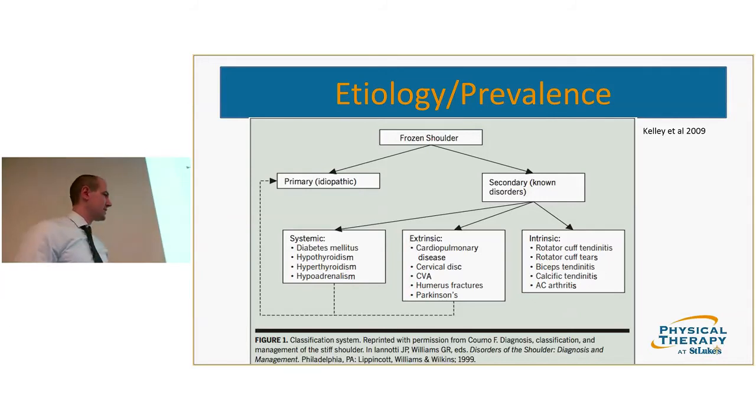And the primary is kind of a throw. We can make some judgments and some guesses of what caused it, but really there's no direct relationship. But both will usually present very similar. So it's not so important that we know exactly if it's primary or secondary, but it is good just to kind of know some background going in.